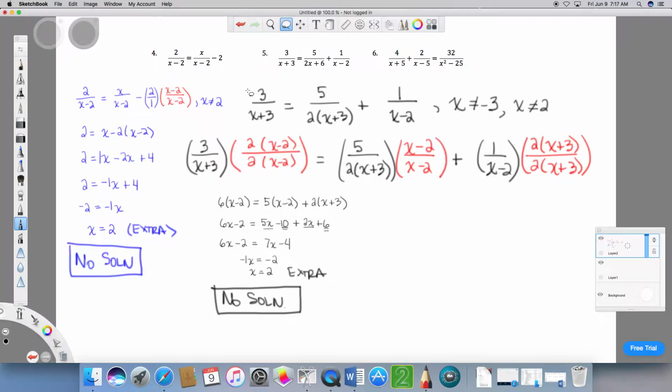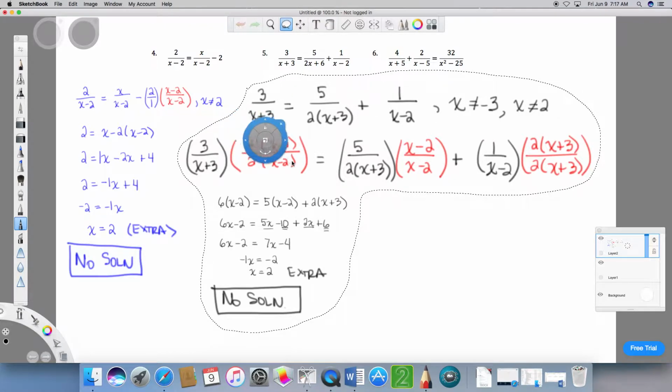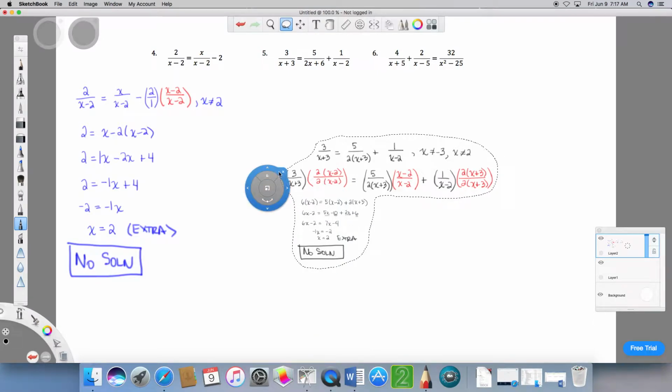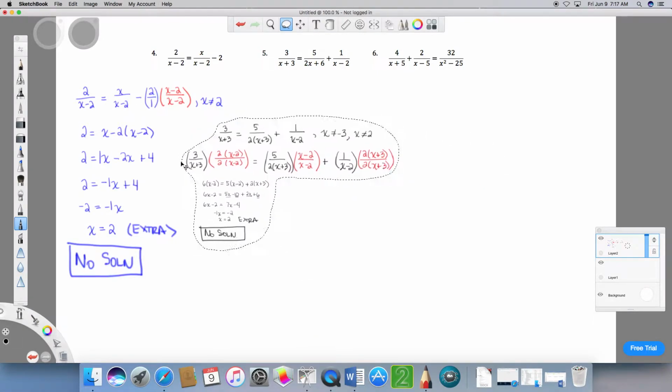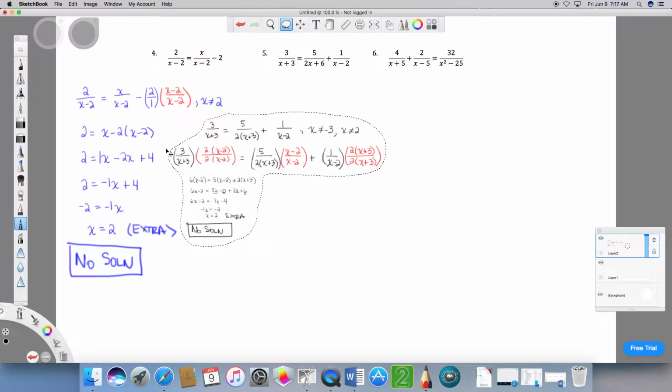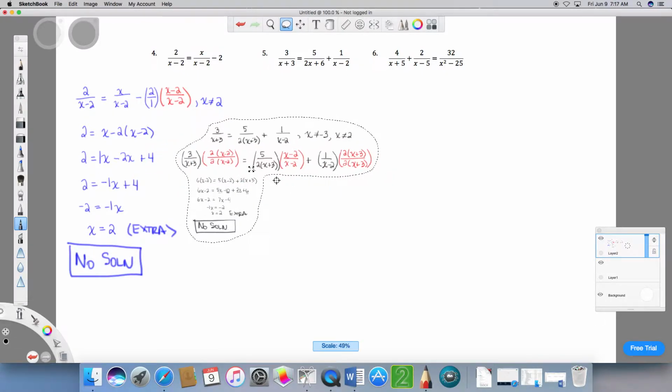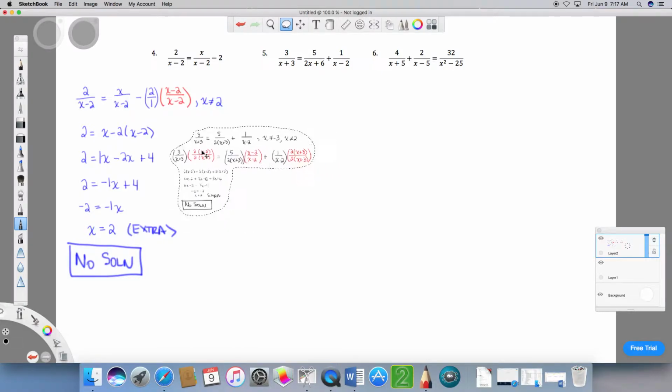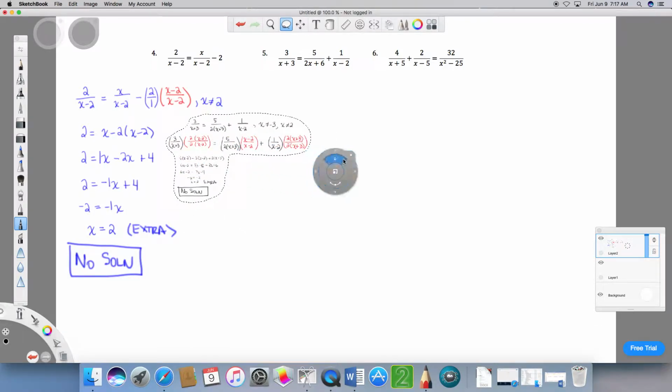All right, so let's take a look then at number 6, and I'm sure it's a problem that we can solve in a similar fashion to what we've done with 4 and 5. So we look to the denominators, and we want to have these denominators written in factored form.